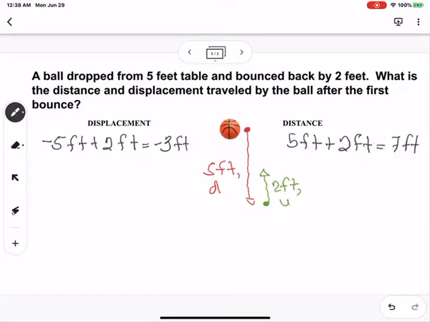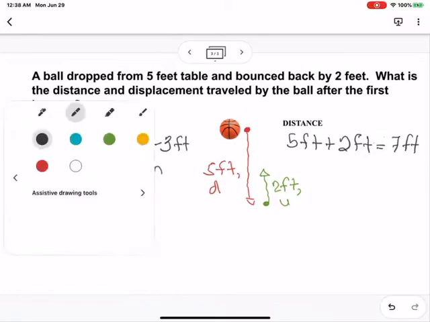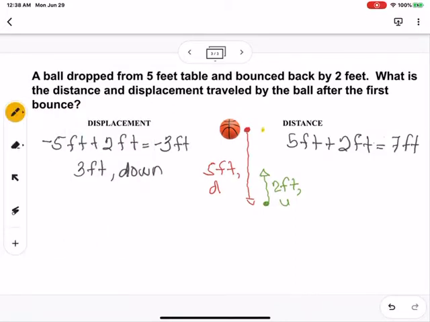So the negative 3 feet means that your displacement is 3 feet down. So if you want to illustrate it, from the point of origin until the end point, this is the end point. So this is your displacement. That is the shortest distance from the point of origin to the end point with your direction.